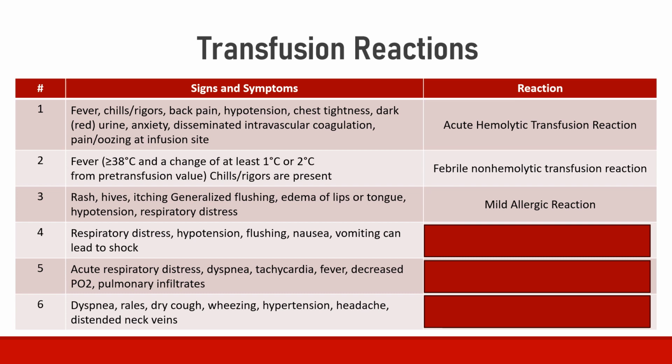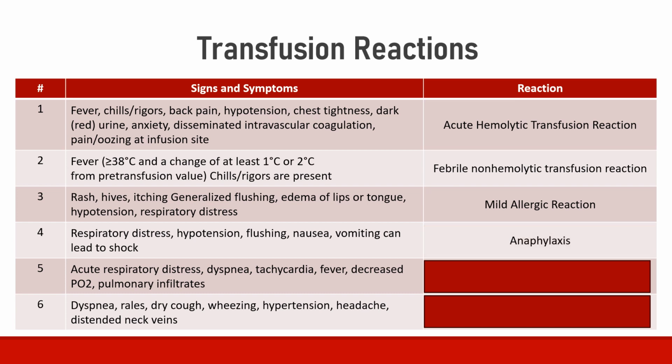All right. Who had the patient who, within the first minute of starting the blood, complained of feeling hot, itchy, they couldn't breathe, they were short of breath and wheezing? Who had that fun one? Yes. And what kind of reaction were you having? Perfect. Anaphylaxis.